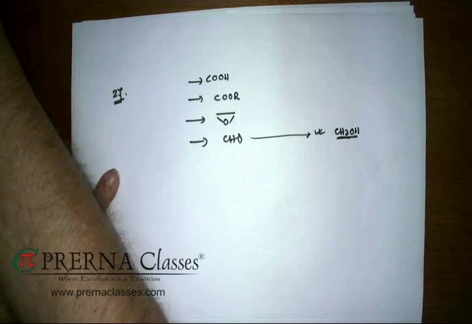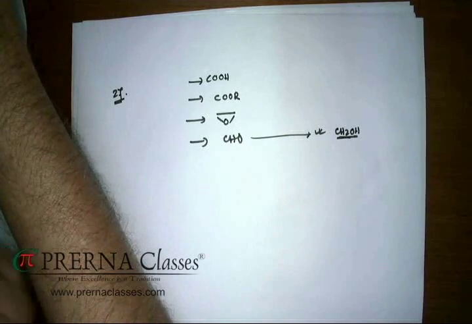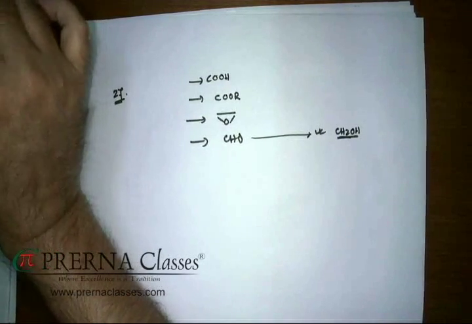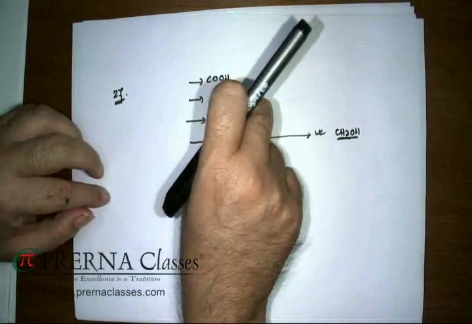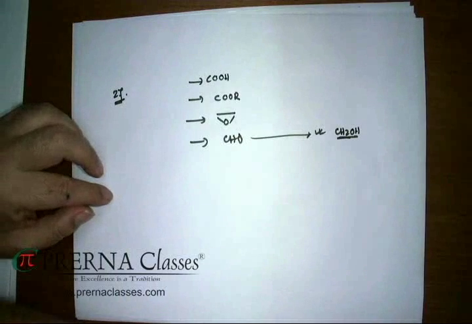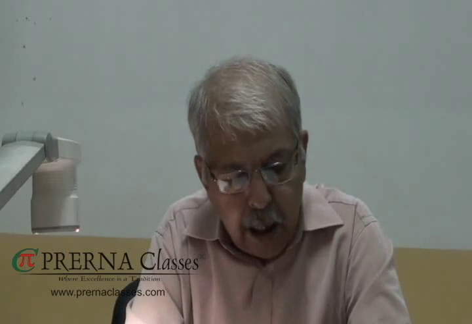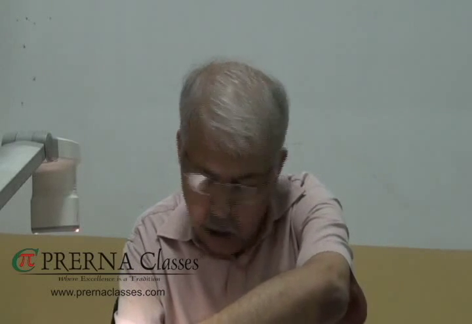Now, lithium aluminum hydride will reduce everything. That is, reduce aldehyde, reduce epoxide, reduce ester. So A is not a correct answer. BH3 in THF, that is B, will reduce your acid group.